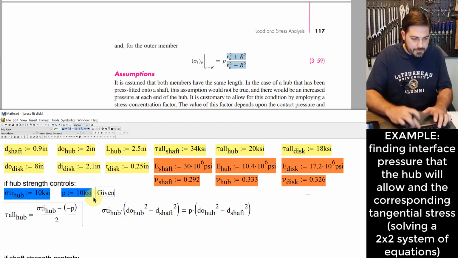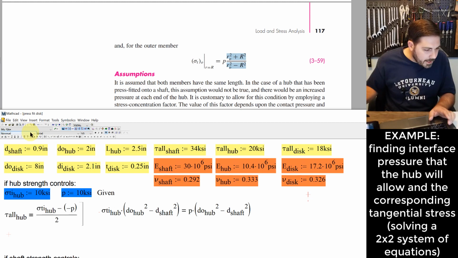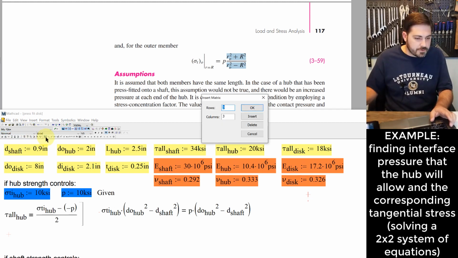So then I need a word Given, and then down here I need to put in a matrix of solutions.